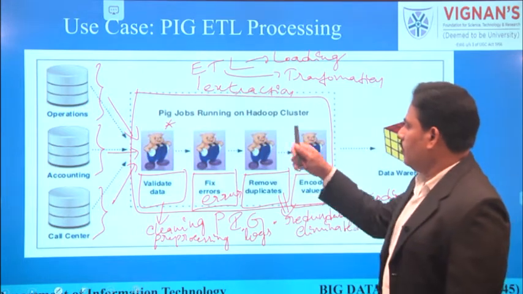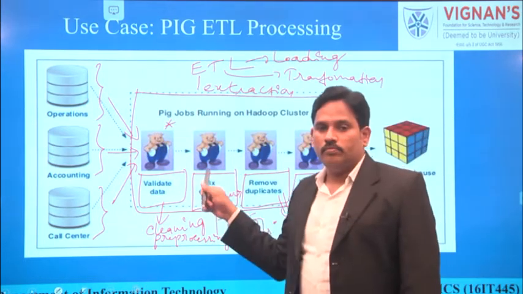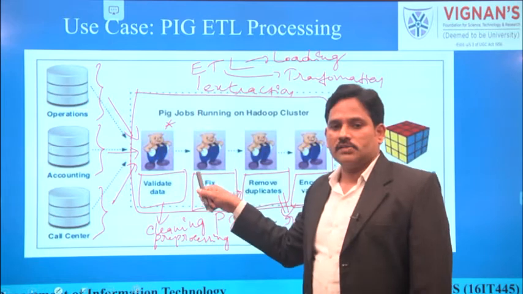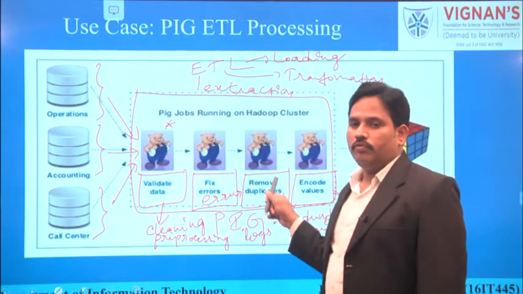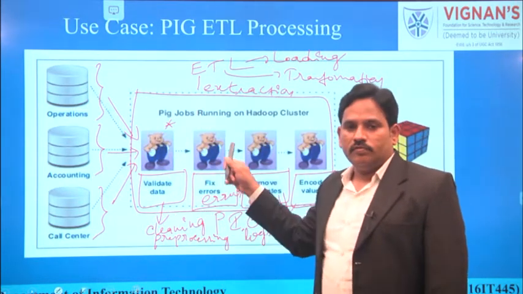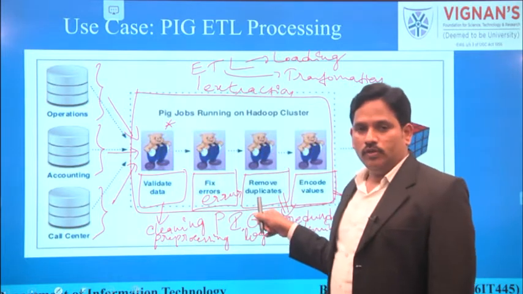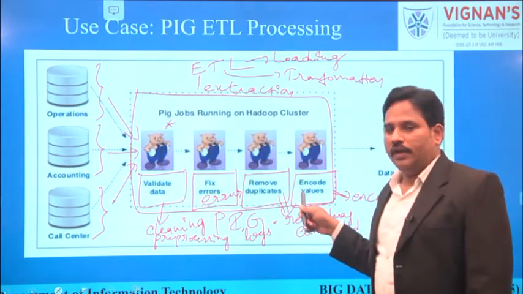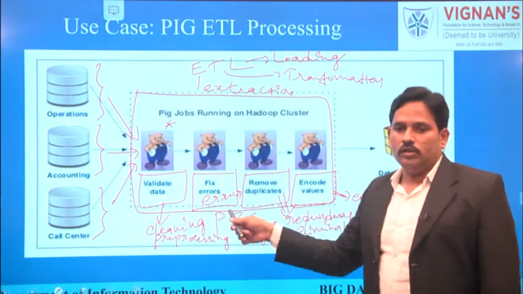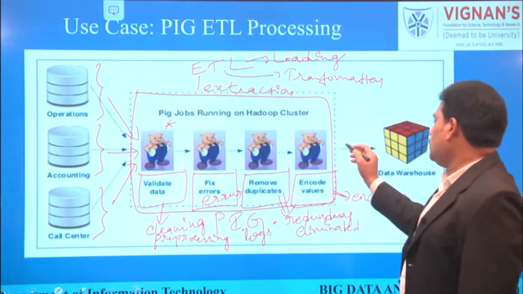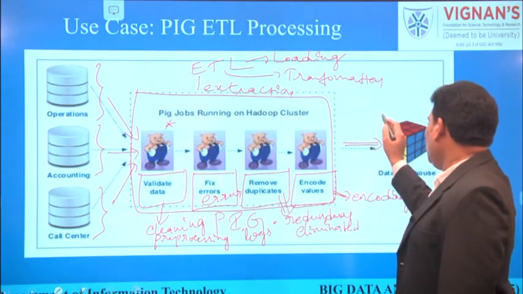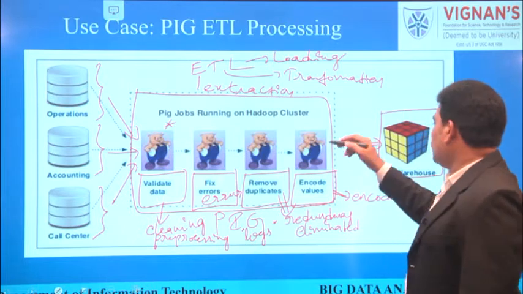So in the Pig environment, each and every job, each and every task will undergo all these four phases: validation, fixing of errors, removing duplicates, and encoding of the data. After completion of all these four phases, data is saved securely in a single centralized location.